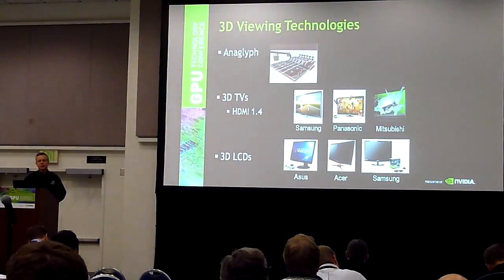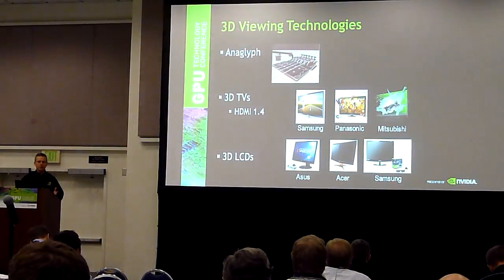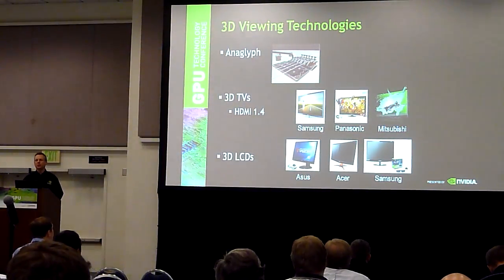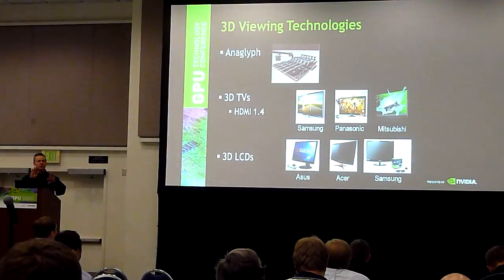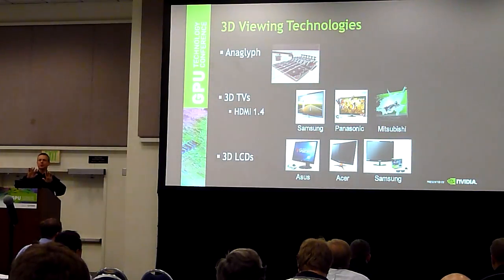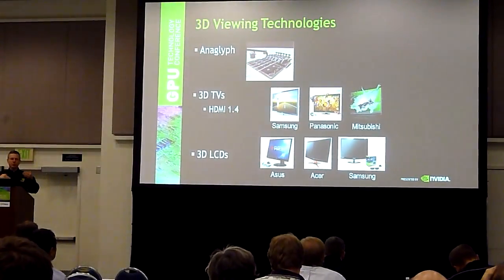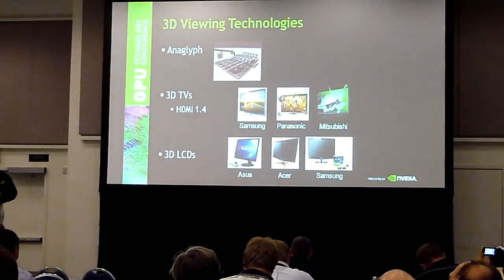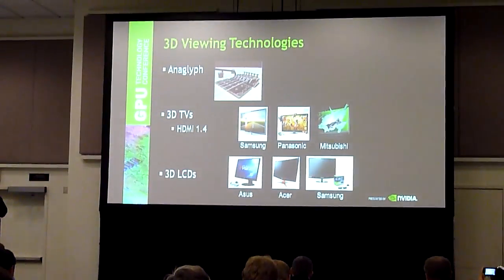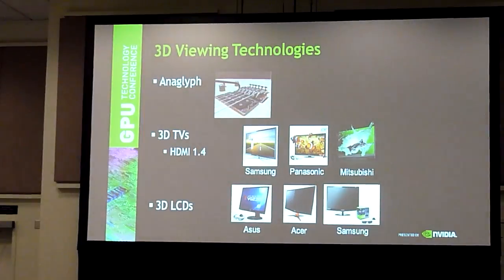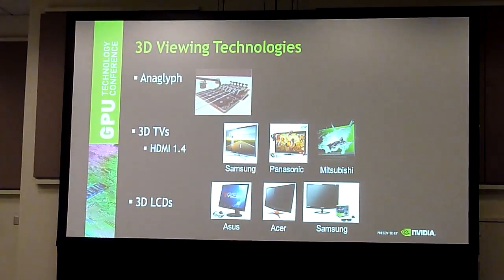Likewise, for the viewing technologies, there's the anaglyph viewing method, where the eyes are represented by two different colors, filtered by two different colors, and then when you view the content, you have glasses with filters in those colors, and you're able to form the image again.